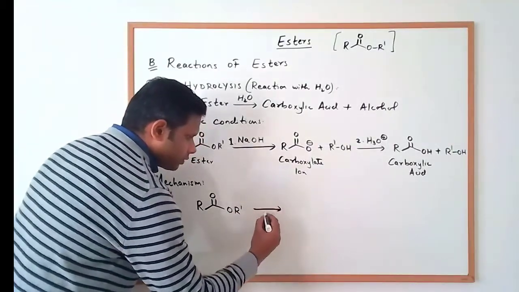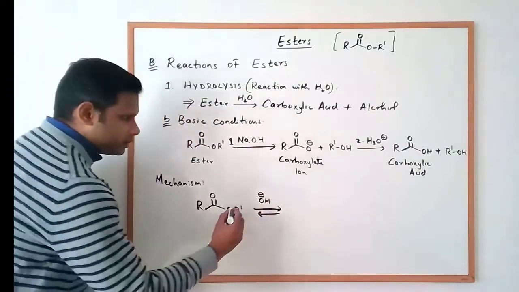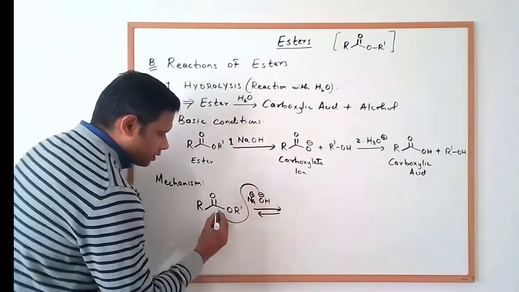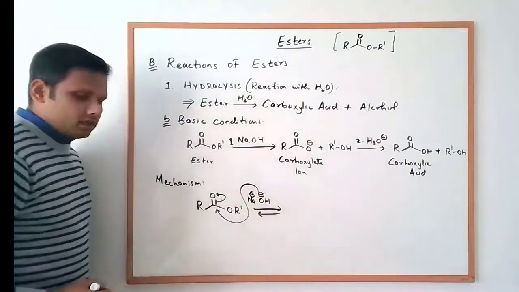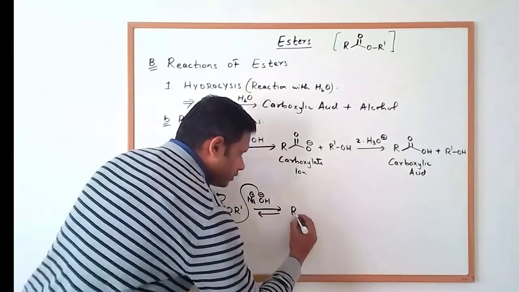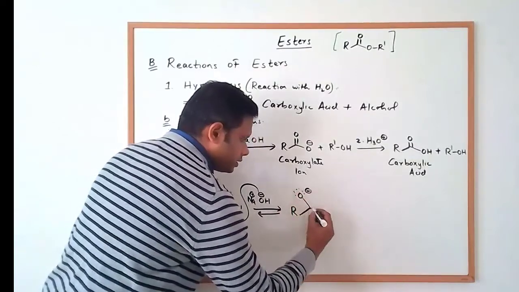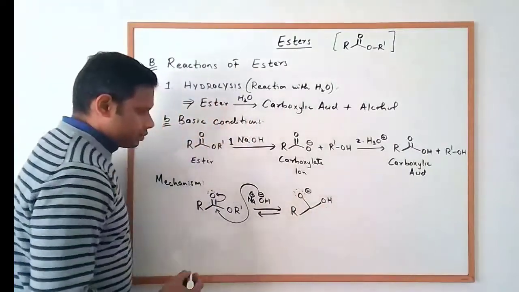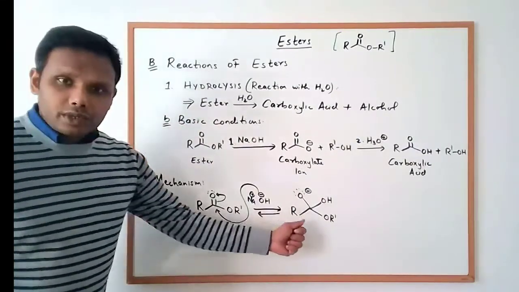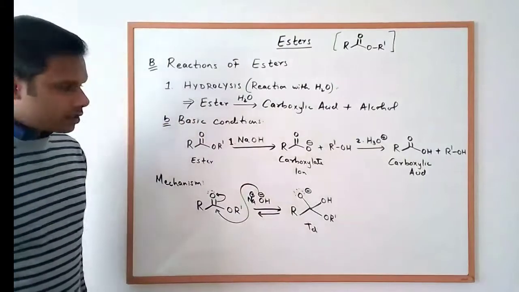The mechanism starts out by the attack of the nucleophile here, which is your hydroxide, on the acyl carbon. Attacks the acyl carbon, the double bond here is pushed up, and that would give us R C minus with a hydroxyl group to it and an OR prime. So you get the tetrahedral intermediate, okay? That's the tetrahedral intermediate.